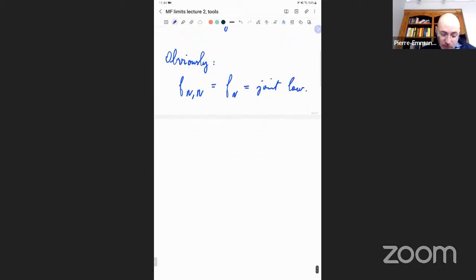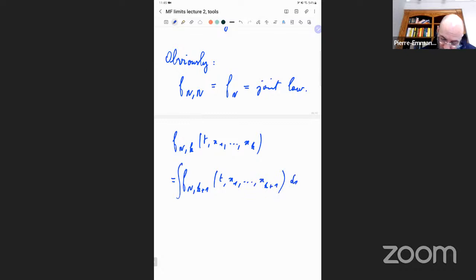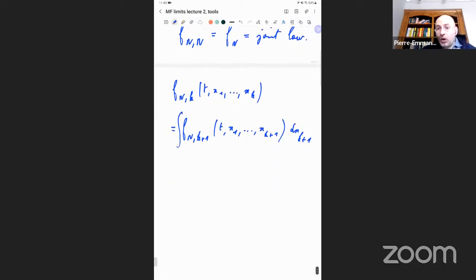And generally speaking, you see that Fnk can be obtained from Fn(k+1) just by integrating in the extra variable. And so if I want, I can do that recursively till I hit the joint law of everything, so Fn.